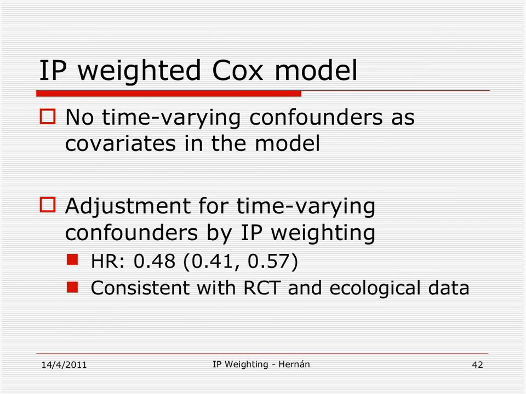If we use IP weighting, we get 0.5. Okay, this is actually what you would expect to find based on randomized trials and other sources of data. So this is an example in which we can show in an empirical way that the conventional adjustment for time-dependent confounding gives you a result that does not make sense because it is biased.